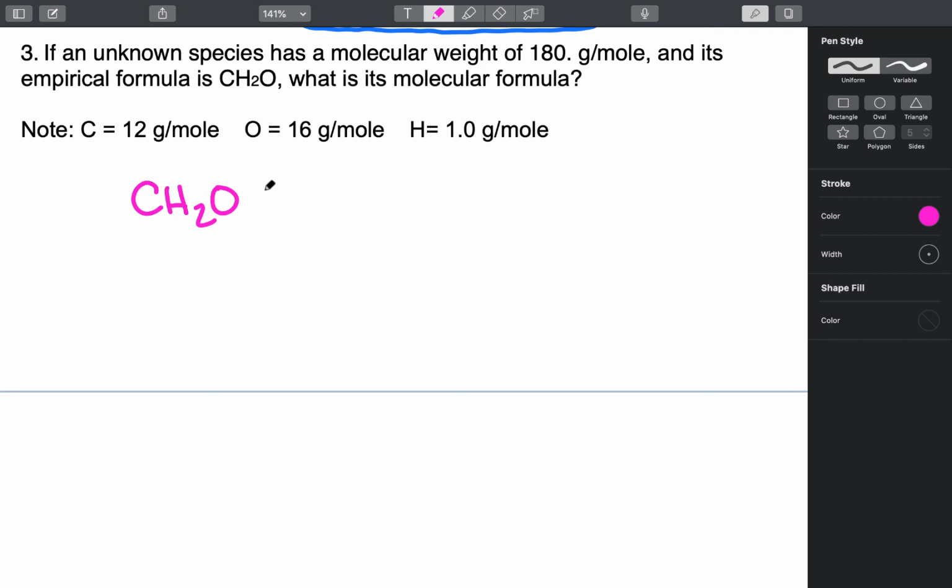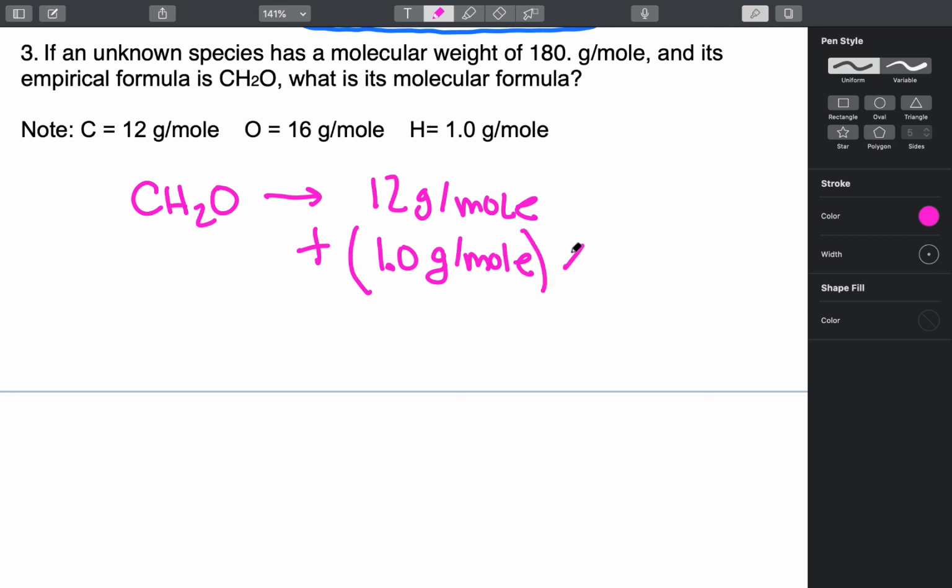Carbon is 12 grams per mole, and we only have 1 of those. Then you have 2 hydrogens, and hydrogen is 1.0 grams per mole, so you multiply it by 2. And then you have oxygen, which is 16 grams per mole.